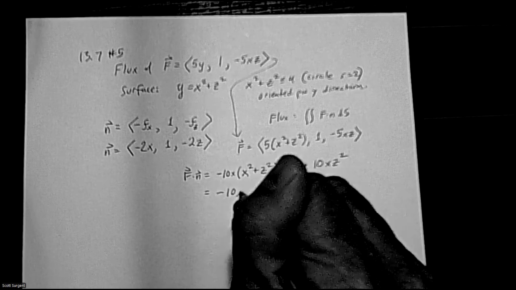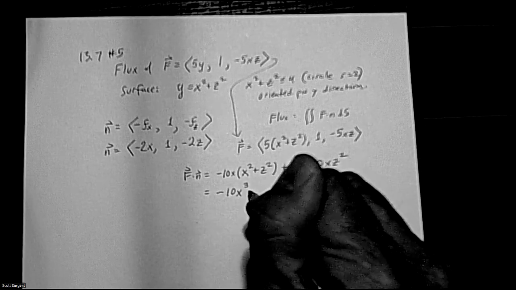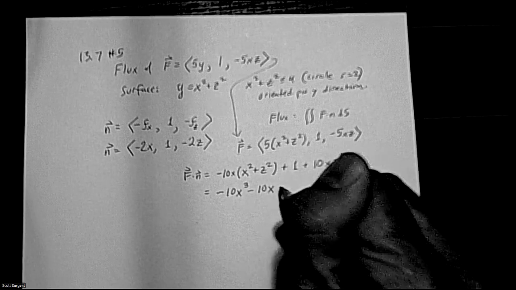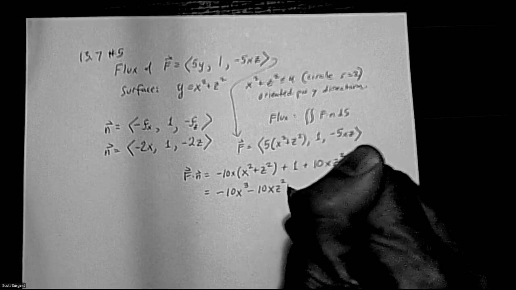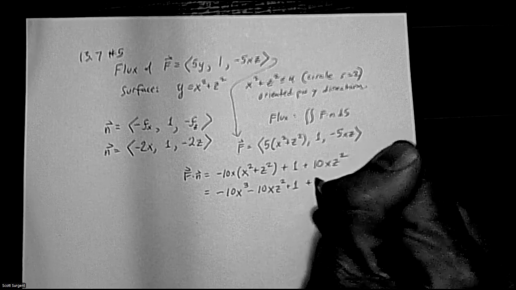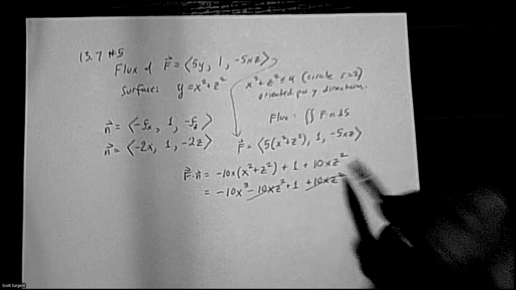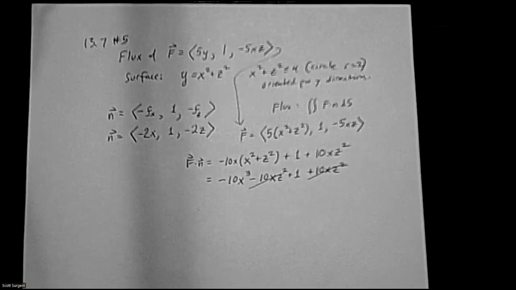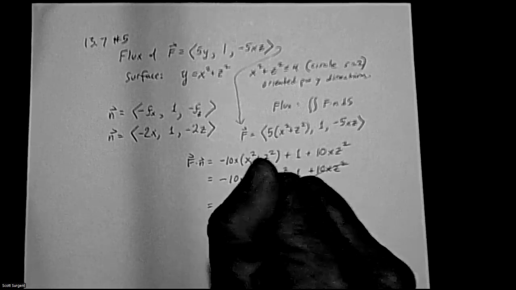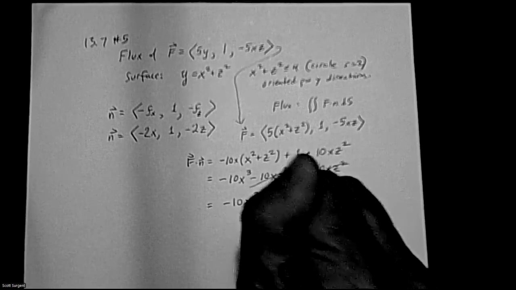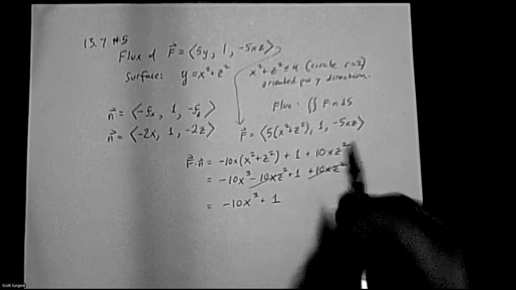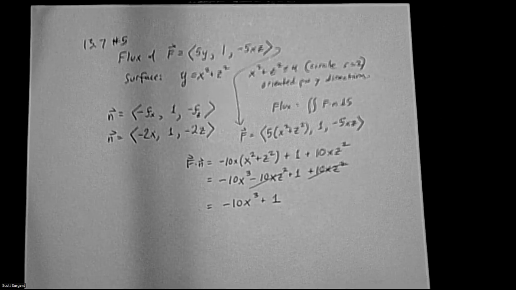You get negative 10x cubed, take away 10xz squared, plus 1, plus 10xz squared. Those cancel. So my integrand becomes negative 10x cubed plus 1. I'll pause here in case you have any questions.